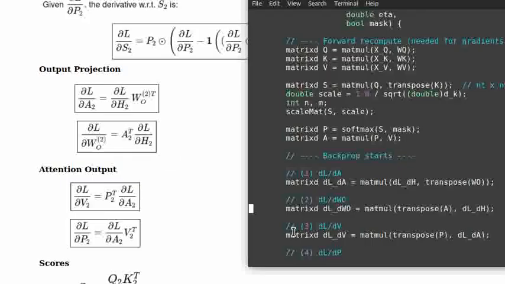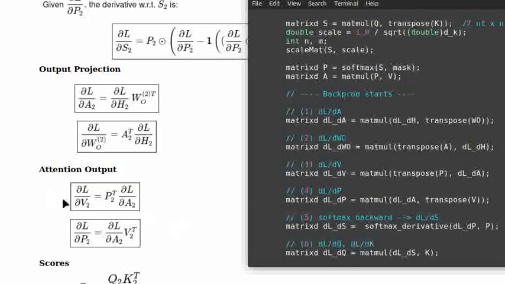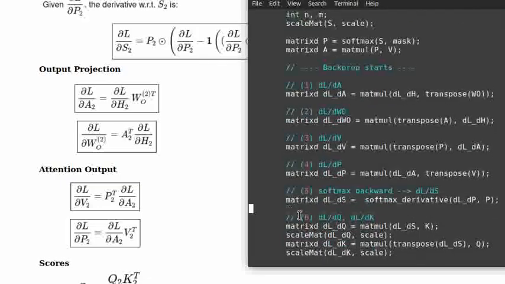And for the attention output, the dL/dV is P transpose times the dL/dA. And the dL/dS is given by the softmax derivative that we discussed before. The dL/dP and P are the inputs for this function. So this gives us the dL/dS.